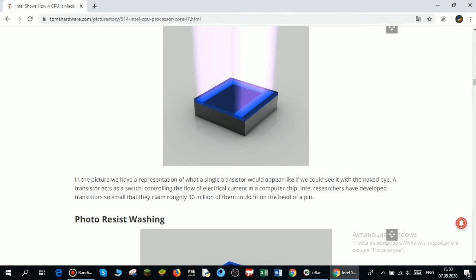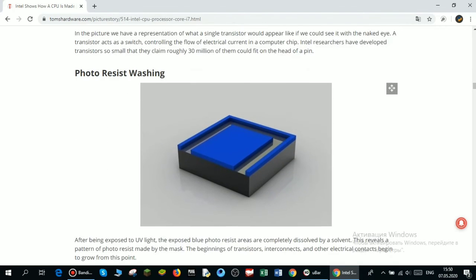A transistor acts as a switch controlling the flow of electricity around the computer chip. Intel researchers have developed transistors so small that they claim roughly 30 million of them could fit on the head of a pin. Nice.